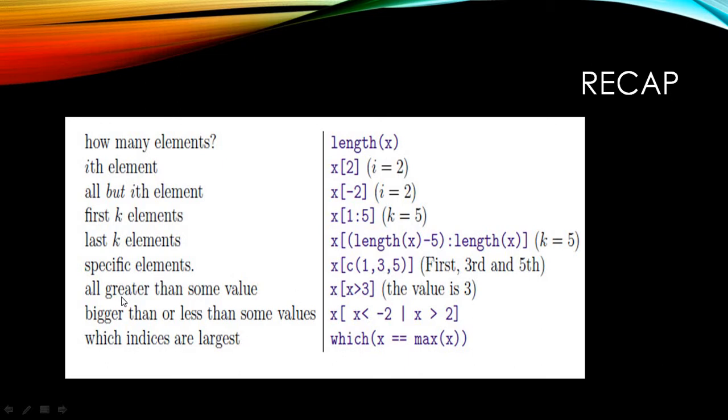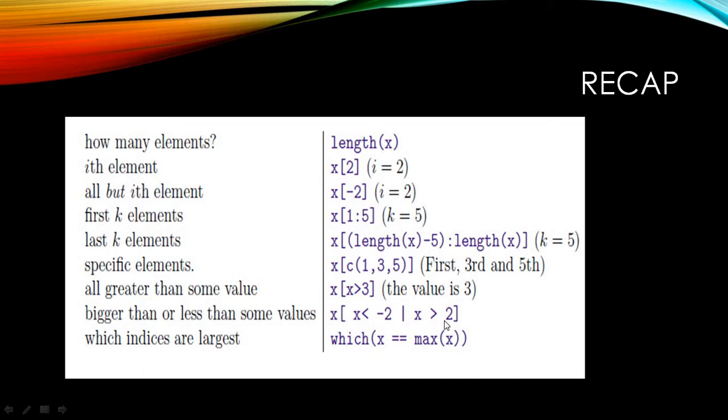Then all the elements which are greater than some value. In this example I have said greater than 3, let us say, so it will be x square brackets x is greater than 3. Okay, likewise if I say bigger than or less than some value, now let us say if I'm looking for something which is less than or greater than, in this case I will use this: x is less than -2 and x is greater than 2.